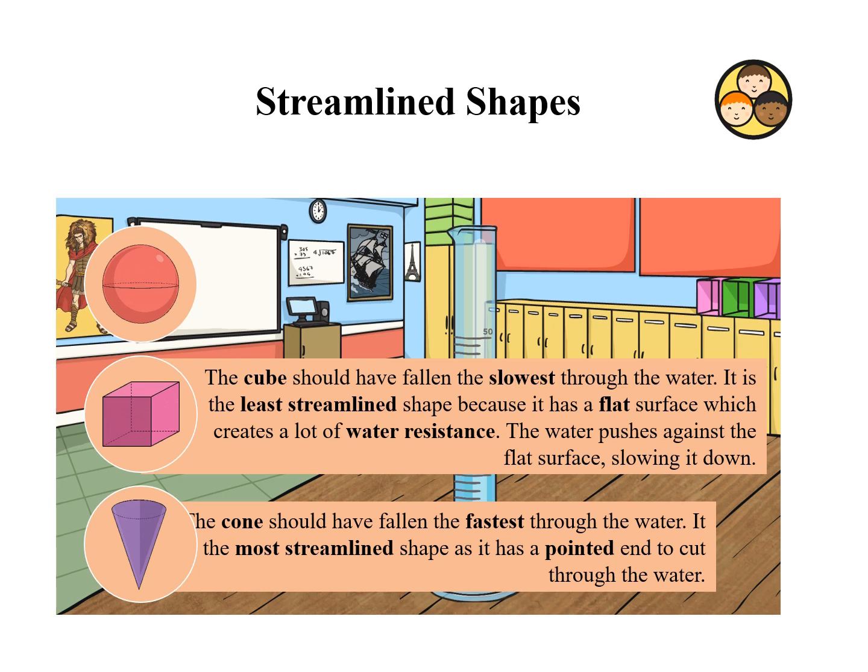And see, the cube should have fallen the slowest through the water. It is the least streamlined, and you can see it has no streamlined shape because it has a flat surface which creates a lot of water resistance. The water pushes against the flat surface, slowing it down.